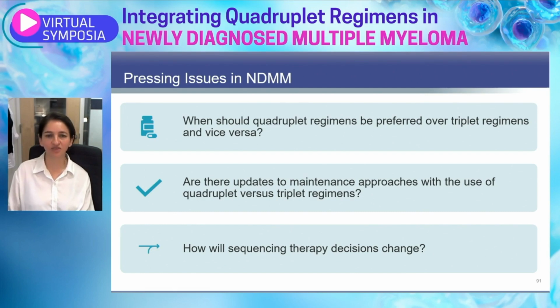When should a quadruplet regimen be preferred over a triplet? I think in the majority of patients now, most of us would agree that a quadruplet is what we would be using. What we are going to see is updates in how we use maintenance, specifically when we start using quadruplets.